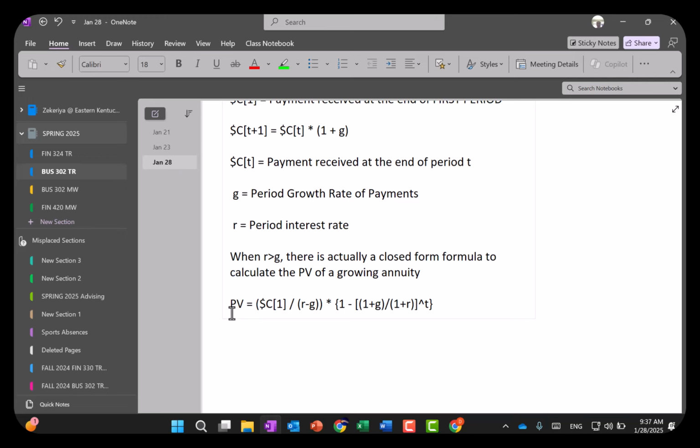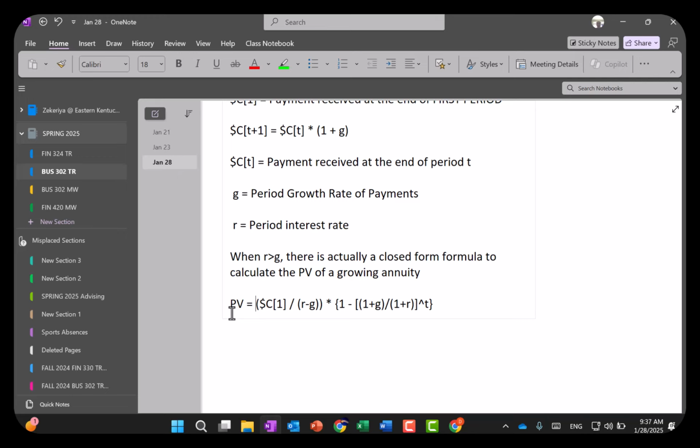This formula works fine when the period interest rate is greater than the period growth rate, but when that is not the case, this would obviously give nonsensical results. You know, it would get something negative, okay? And that's obviously not a good thing.